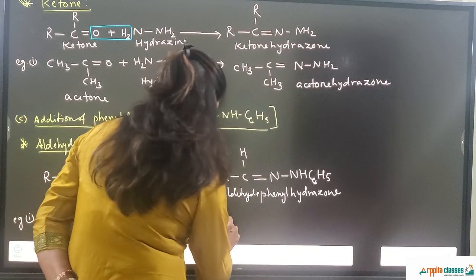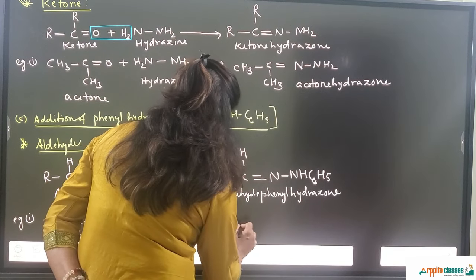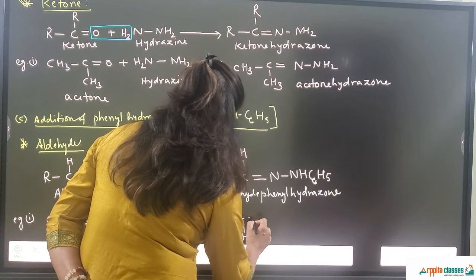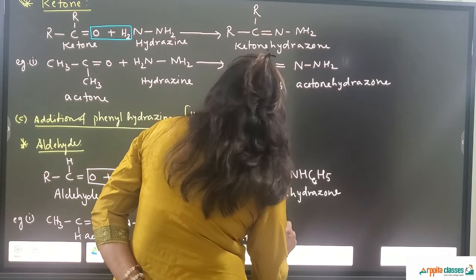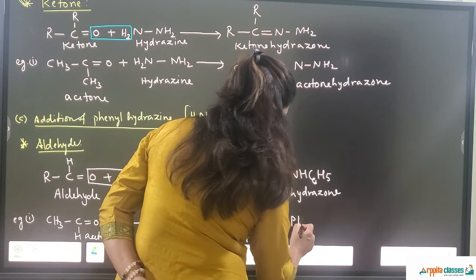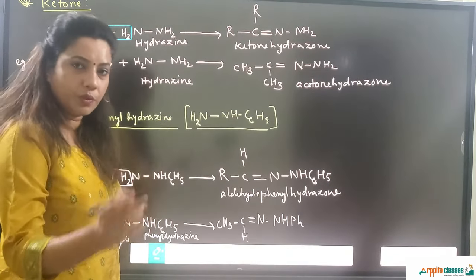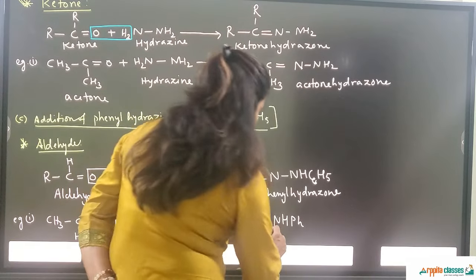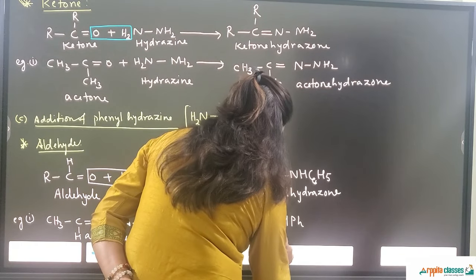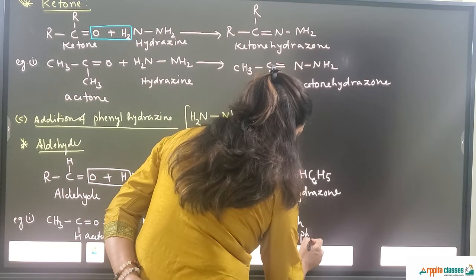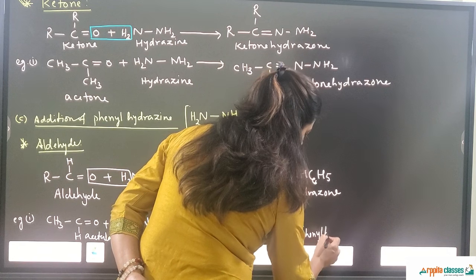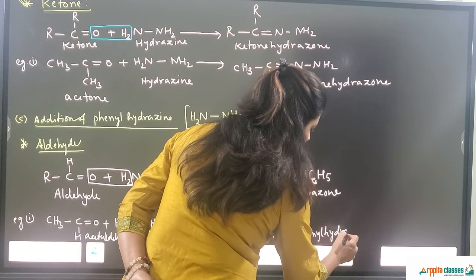Remove the water molecule: CH3CH, double bond N, and then NH-Ph. You can also write NH-Ph, or you can also draw the benzene ring. Okay. So this is called acetaldehyde phenylhydrazone.